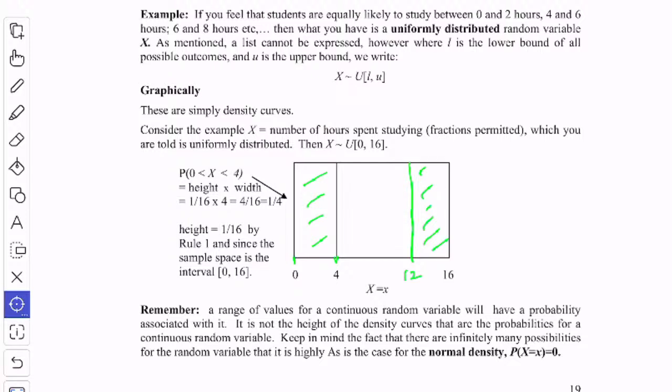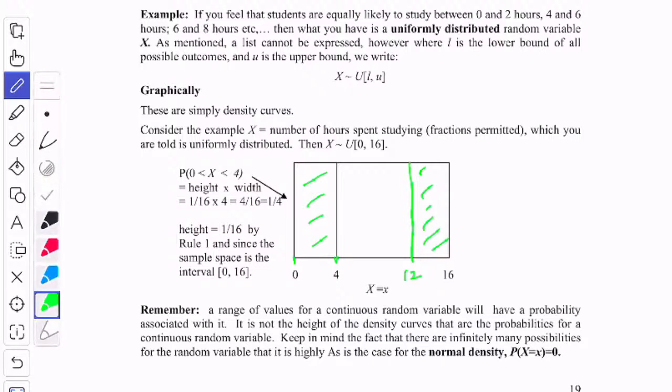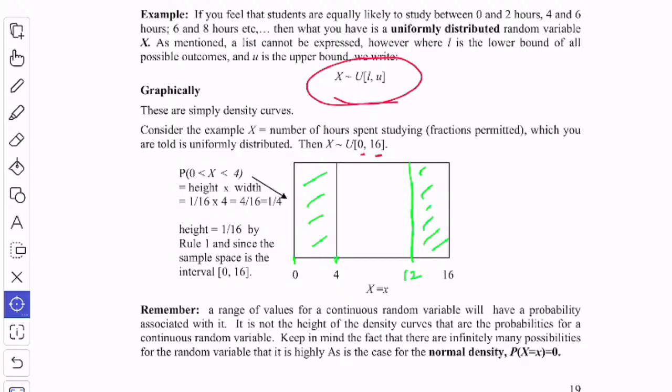So really the parameters for this type of distribution are just the upper and the lower ends. As long as I know those, I can estimate certain outcomes. So because of that, I define the uniform distribution with a U, and I include the lower and the upper bound.